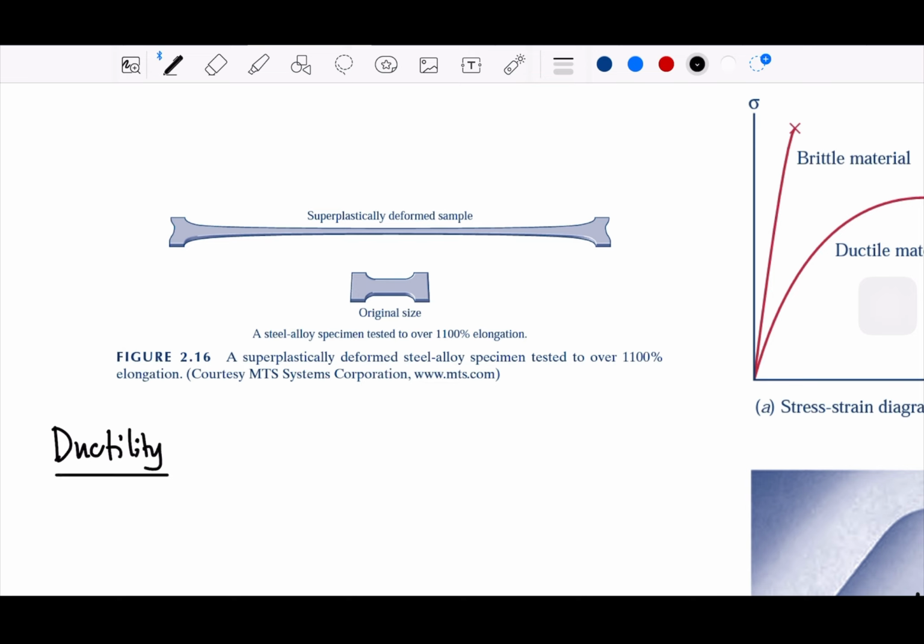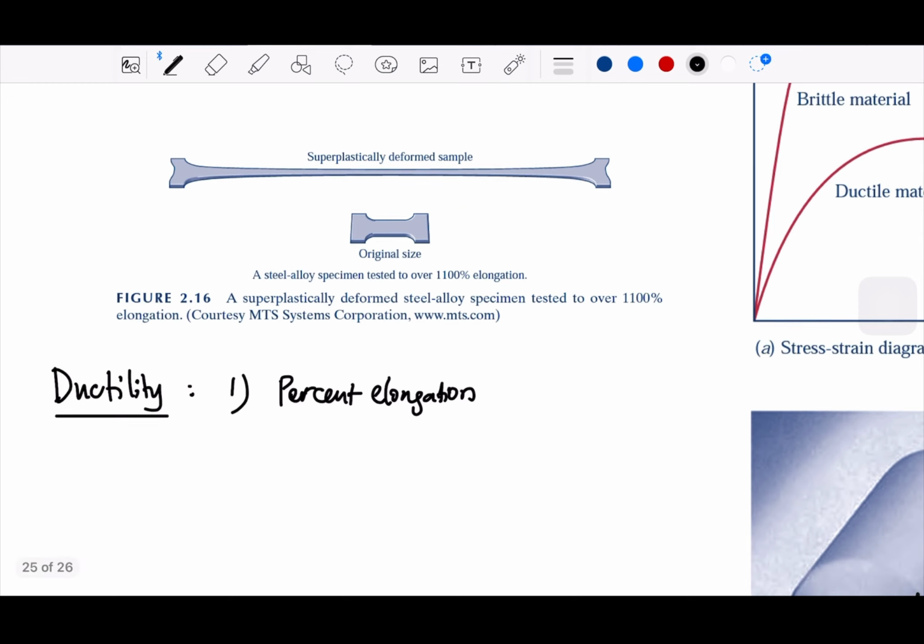For ductility, we can take two methods. First is the elongation, the percent elongation. Let me write here: percent elongation equals the final length minus the original length, divided by the original length, and then multiplied by 100%.